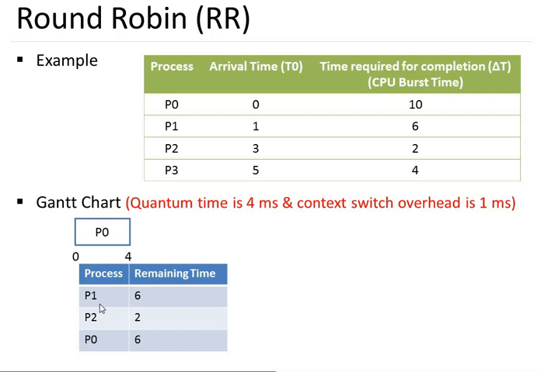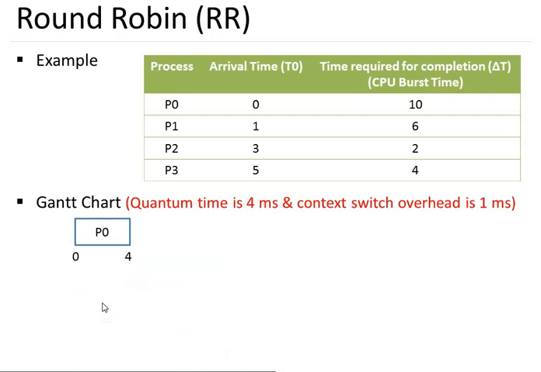Now process P1 will be selected, but this overhead is required to be calculated and represented in the Gantt chart, because it is mentioned over here. You can see the context switch overhead is 1 millisecond. So 4 to 5 is the time spent in context switching of the processes.